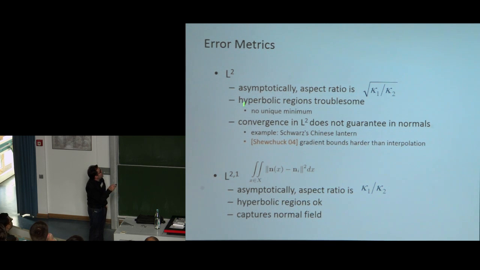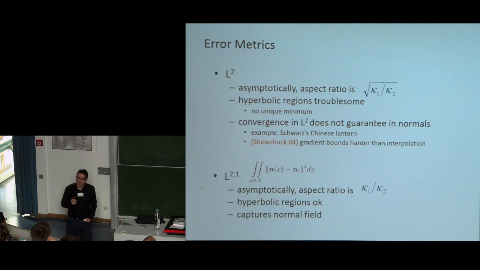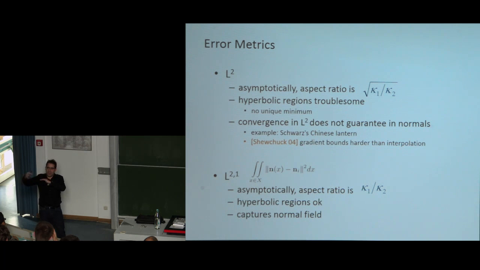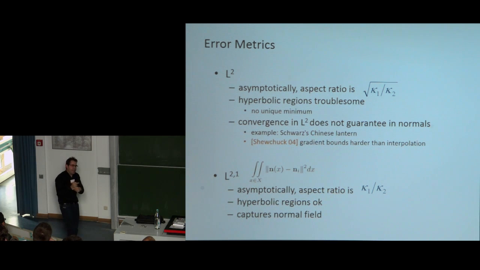But if you look into the details, with the L2 error metric, in the elliptic case, let's say for the convex parts, where the two principal curvature directions have the same sign, it's fine, you have a unique optimal from the aspect ratio point of view.